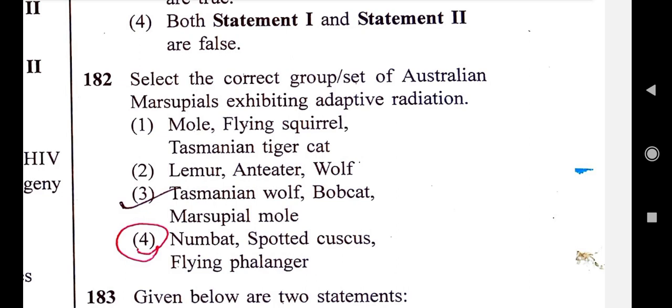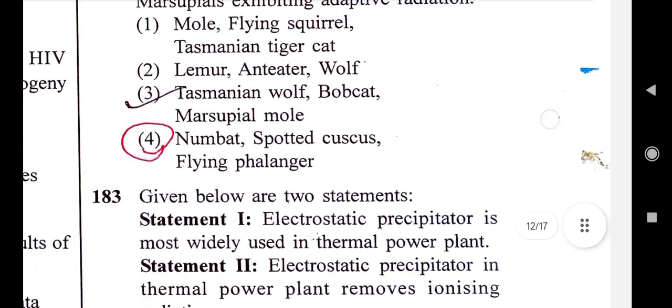Option 2, lemur, anteater, wolf, Tasmania wolf, bobcat, marsupial moles. Option 4 is the correct option: numbat, spotted cuscus, flying phalanger.